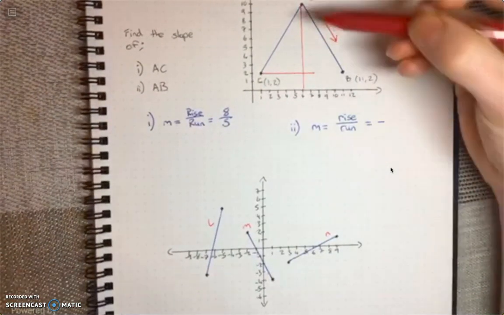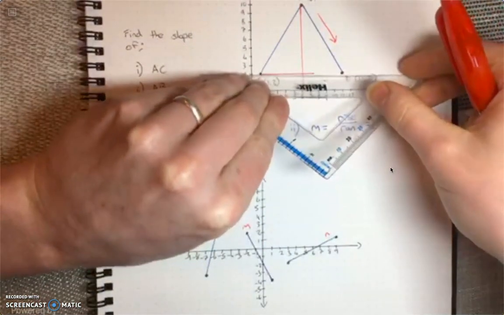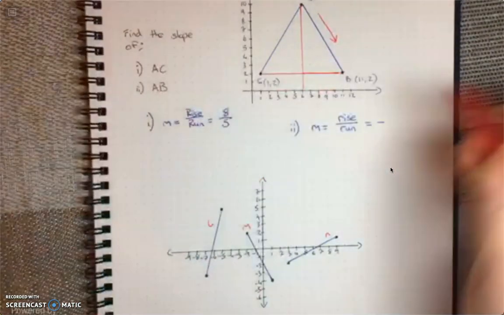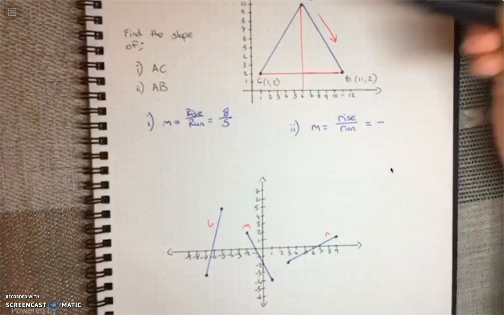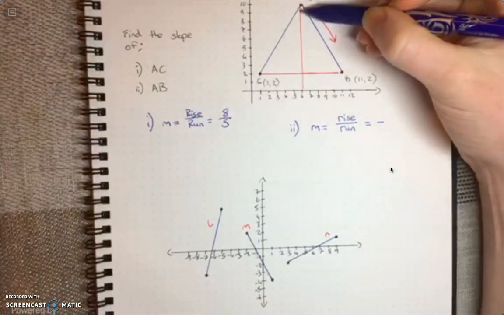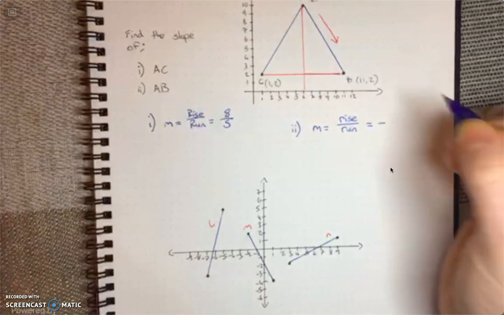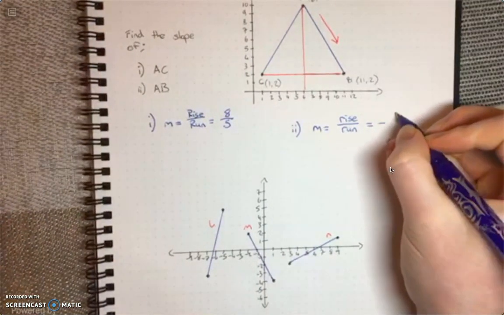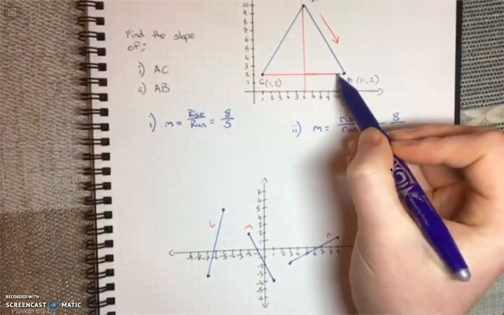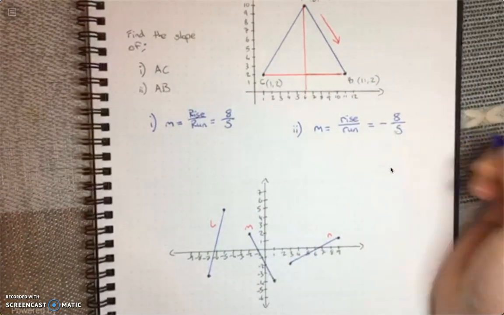So we've already drawn a vertical line down from A, and we just have to draw a horizontal line from B. It's actually on the same one here. So again, we'll count. I'll do it slowly. So again, the rise. So it's 1, 2, 3, 4, 5, 6, 7, 8 boxes. And the run, start at this point, 1, 2, 3, 4, 5 boxes across.